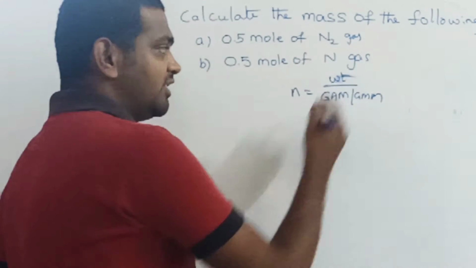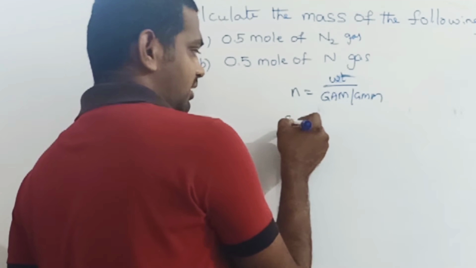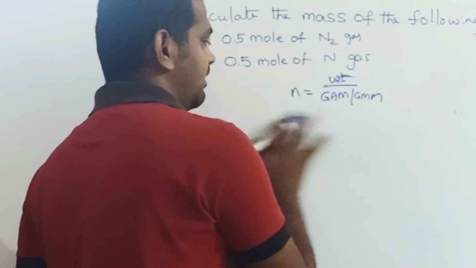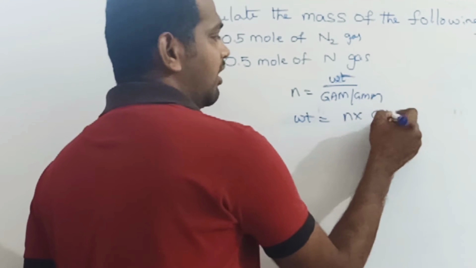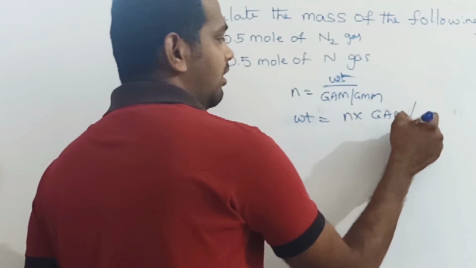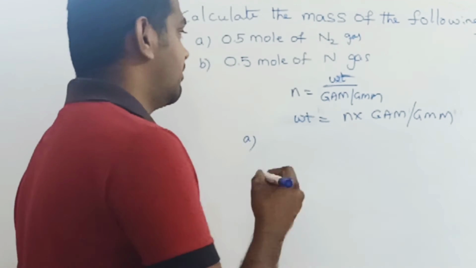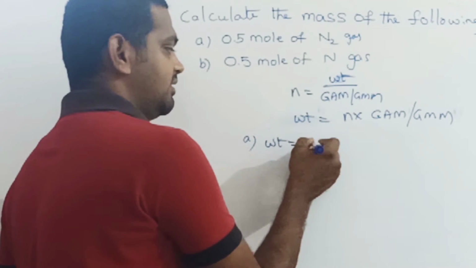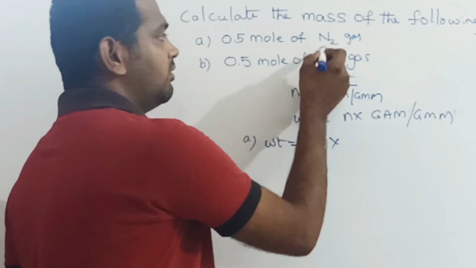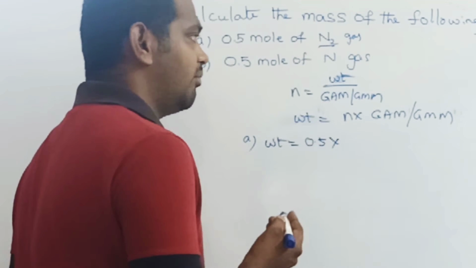From this formula, the gram atomic mass or gram molecular mass can be written as weight divided by n, so weight can be written as n into the gram atomic mass or gram molecular mass. In the first question, weight is equal to n, the number of moles, 0.5, into, since N2 is given, a molecular substance, you should take the gram molecular mass.